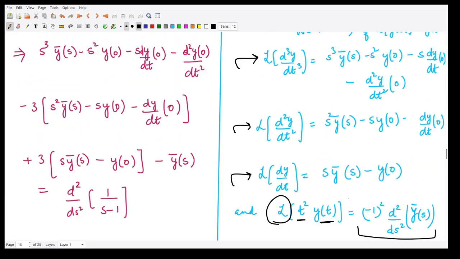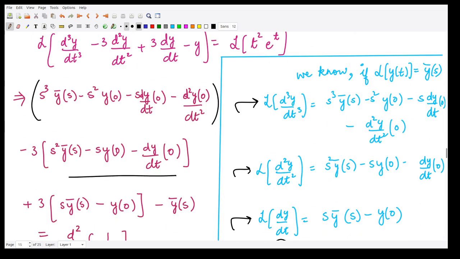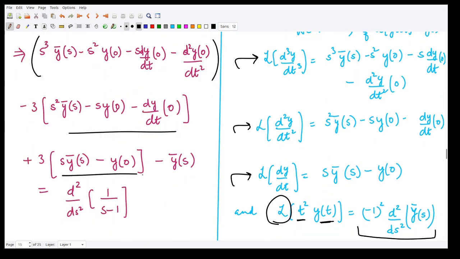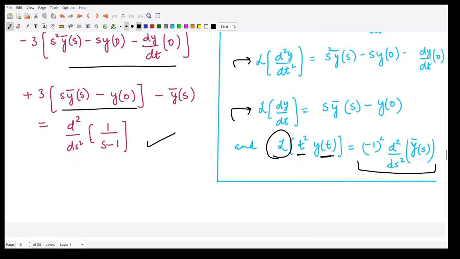So we'll use all these formulas so that your Laplace transform of the first term is this one, the Laplace transform of the second term is this, for the third term it is this, and on the right hand side t square e to the power t would be the second derivative with respect to s of the function 1 divided by s minus 1.